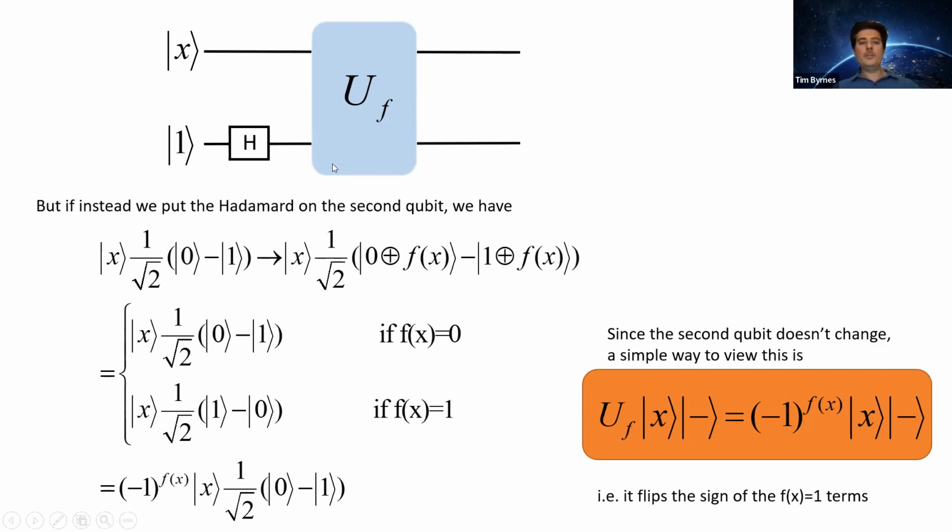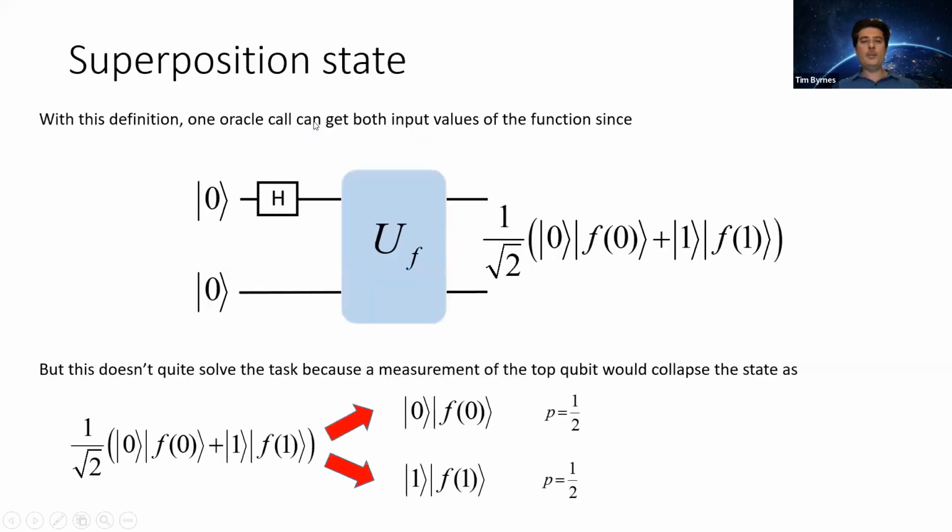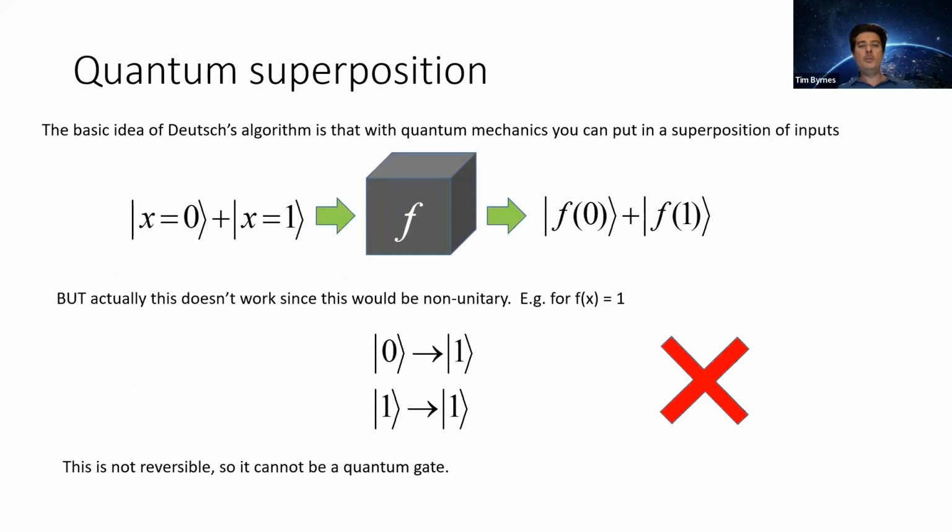It's a bit of a long explanation, but that's basically why we have this second qubit. Originally it was because we were trying to make a reversible version of this gate.